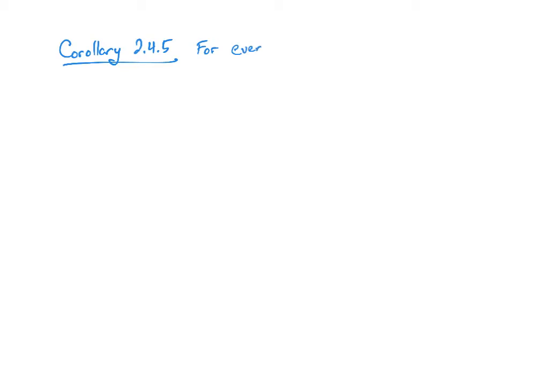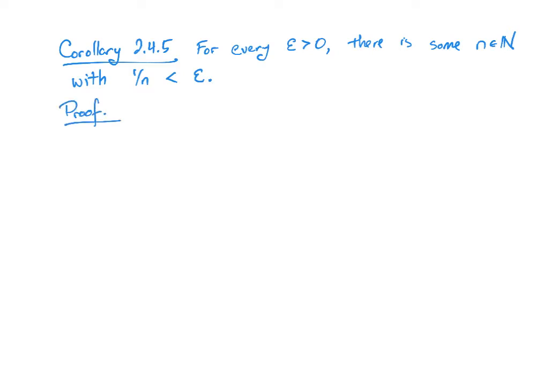The statement is just: for every epsilon greater than 0, there is some natural number n with 1 over n less than epsilon.